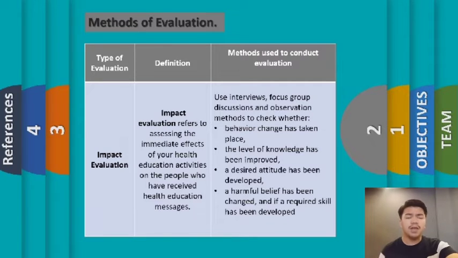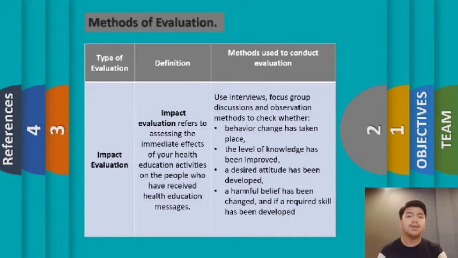In impact evaluation, one way is to conduct interviews, to have focus group discussions and observation methods to check whether, first, behavior change has taken place. Number two, the level of knowledge has improved, and the third one is the desired attitude has been developed, and then lastly, harmful belief has been changed, and the required skill has been developed.